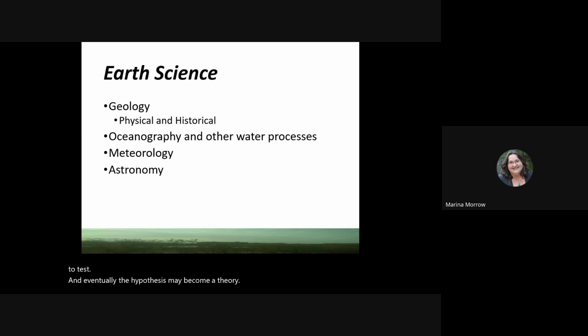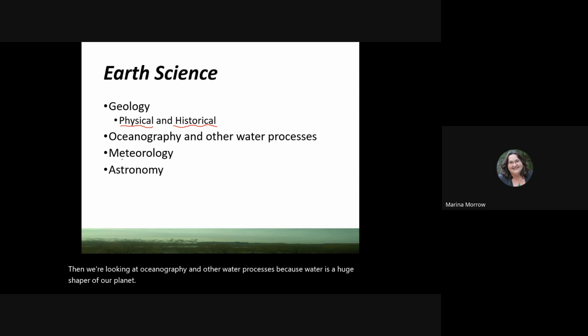Okay, now remember we talked about how earth science is composed of these sciences. There's geology, and there's physical geology, which is looking around the world today. So we're looking at the minerals and the rocks that exist today. And we also look back into the past, historical geology. Then we're looking at oceanography and other water processes, because water is a huge shaper of our planet.